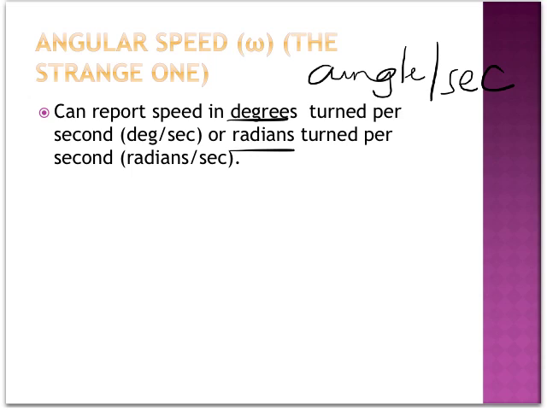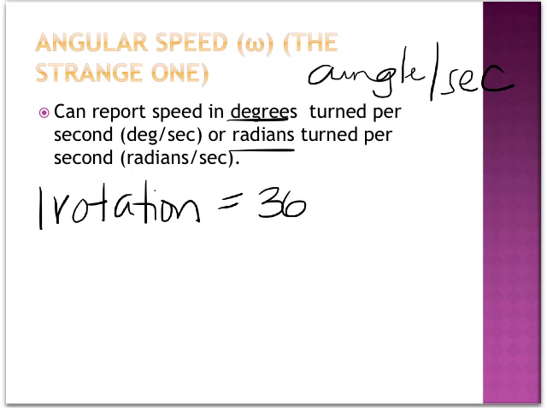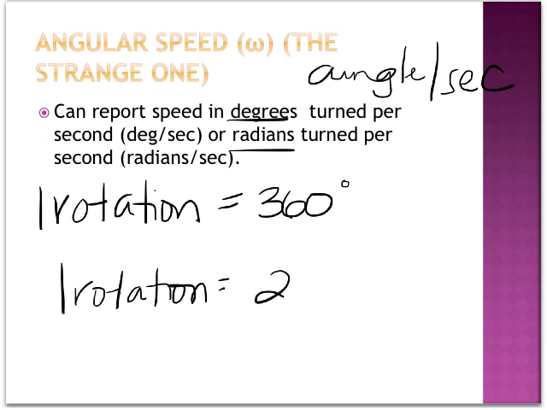That's where that new unit radians comes from. So, remember, one rotation equals 360 degrees, or one rotation equals 2 pi. You want to make sure you're familiar with those.